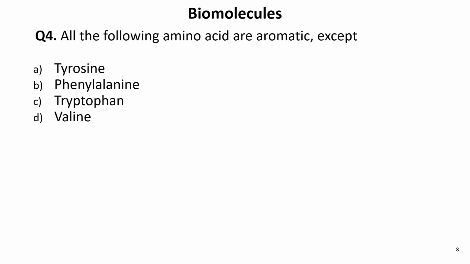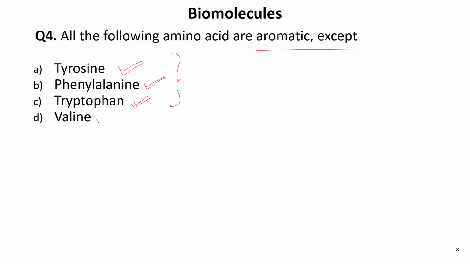Next question. All of the following amino acids are aromatic except. So tyrosine is an aromatic amino acid. Phenylalanine is again an aromatic amino acid, and tryptophan is again an aromatic amino acid. These are the 3 out of 20 amino acids that are aromatic.